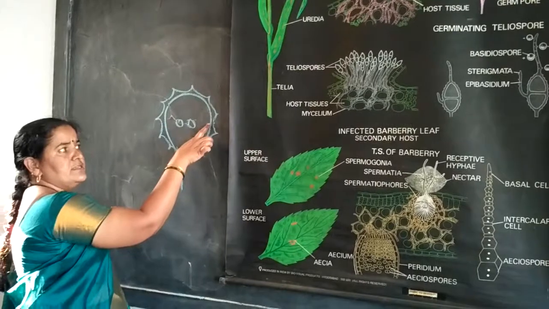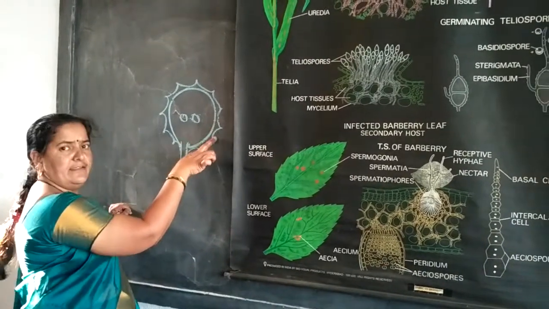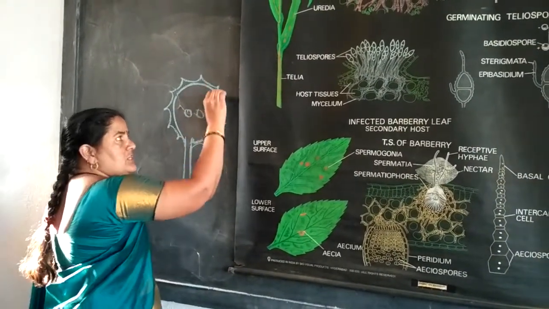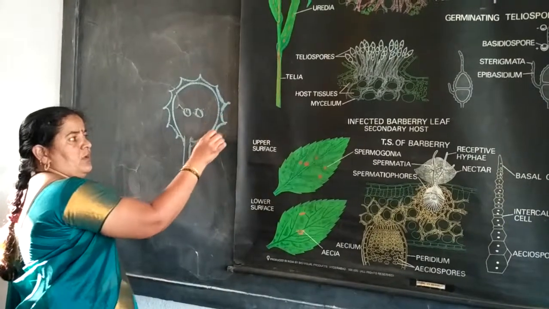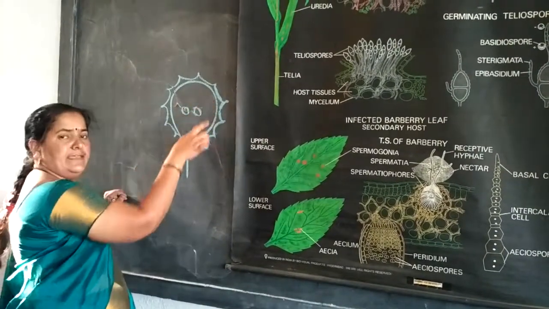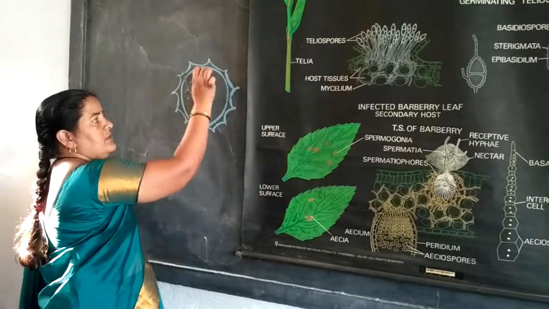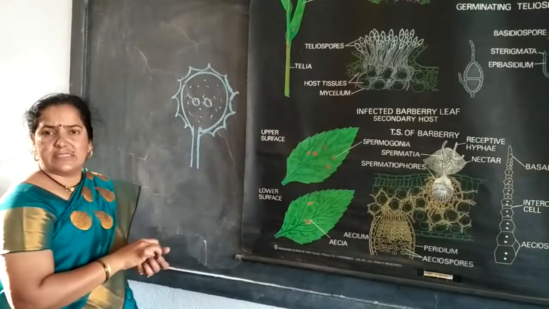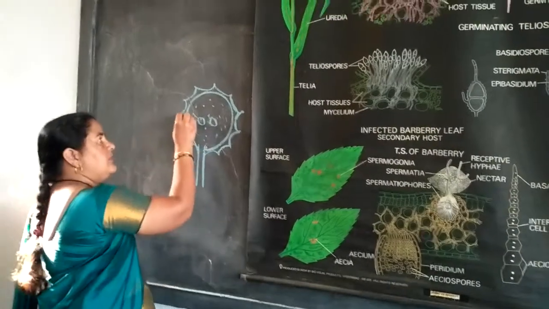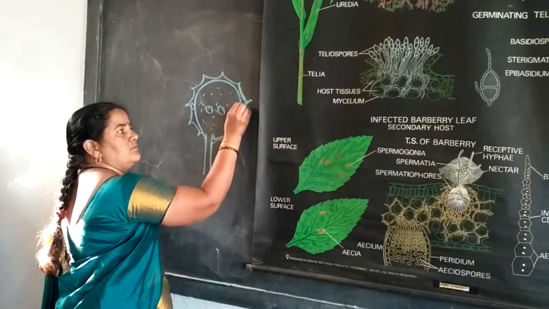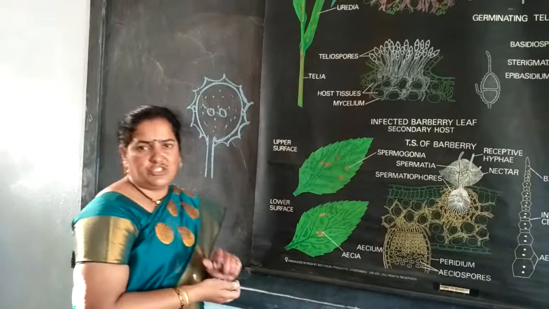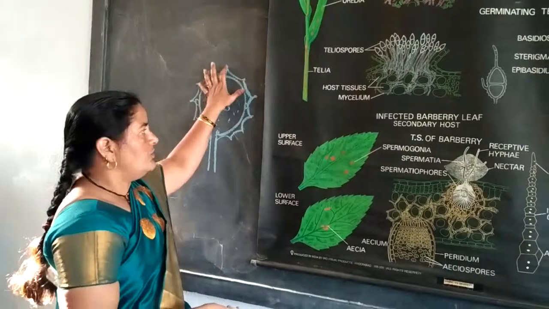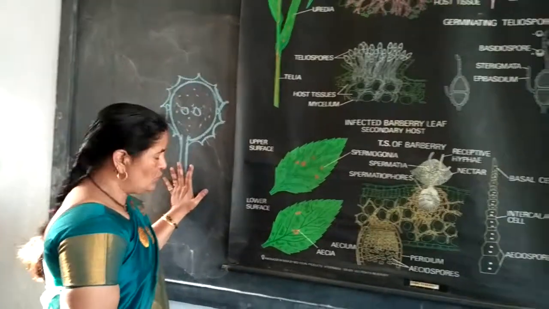The cell wall is made up of exine and intine. Exine is spiny, ornamented, while intine is smooth. Inside this, two haploid nuclei are present along with the cytoplasm. At the equatorial region, it has 4 germ pores. So, this is the structure of the urediospore.